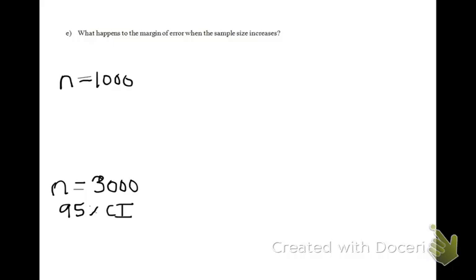I now want to know what happens to the margin of error when the sample size increases. In our first sampling, n equaled 1,000, and in our second sampling, n equaled 3,000. And we formed a 95% confidence interval. So we need to go and look at the 95% confidence interval with 1,000 and get a margin of error.